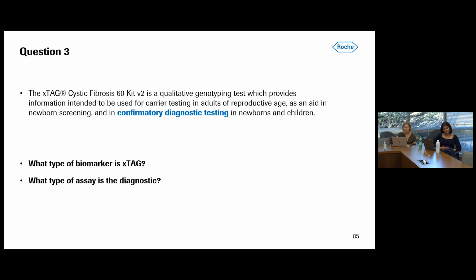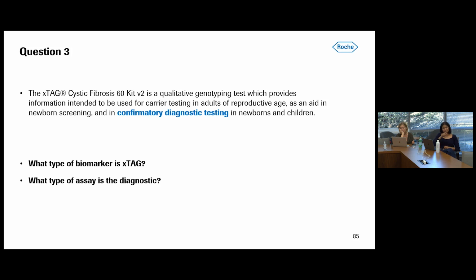All right, so this cystic fibrosis kit is a qualitative genotyping test providing information intended to be used for carrier testing in adults of reproductive age and as an aid in newborn screening and in confirmatory diagnostic testing in newborns and children.